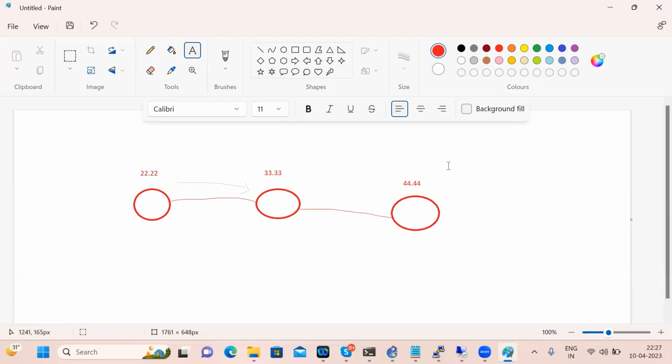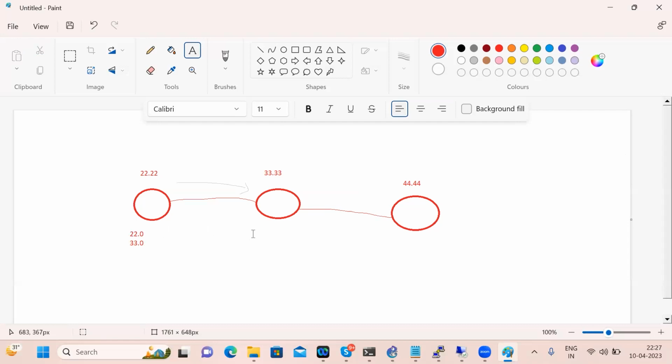Now if you see the BGP routing table by default, without applying a route reflector client, on router 2 you will see 22 as a connected network and only 33. You won't be able to see the 44.0 network on your router 2.